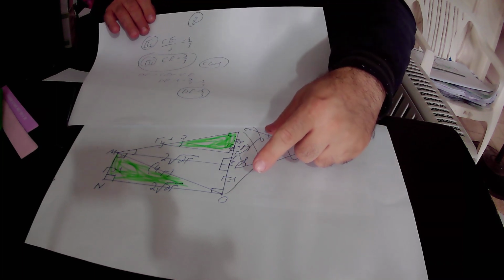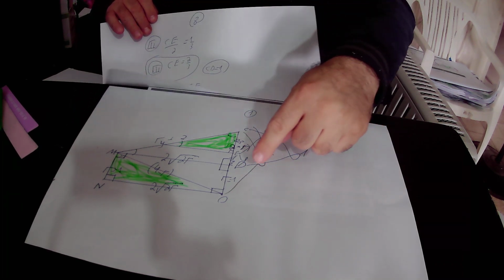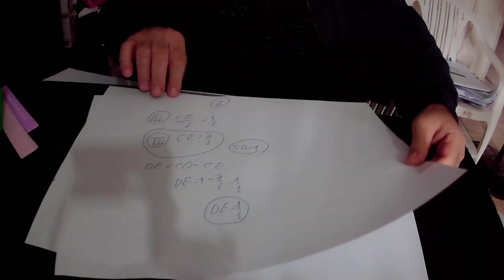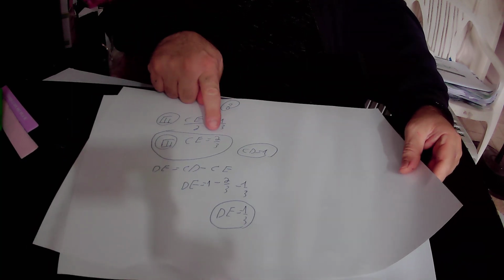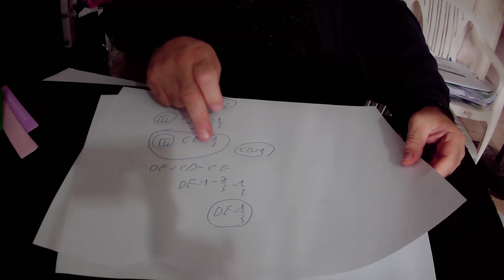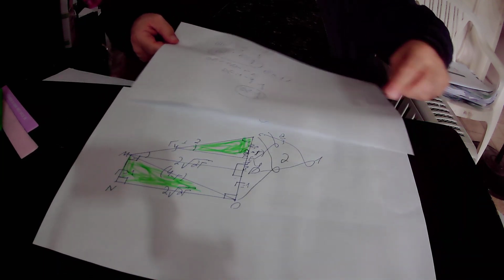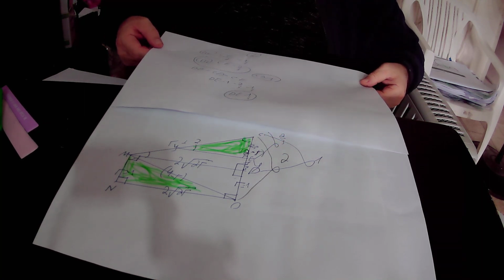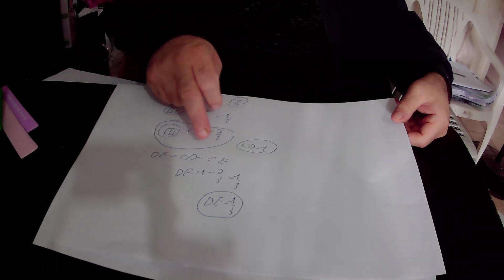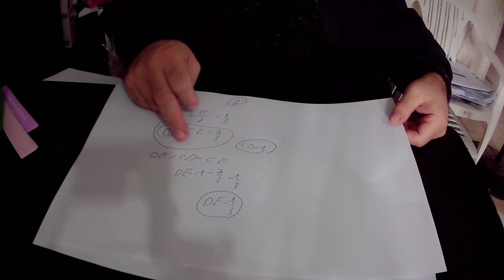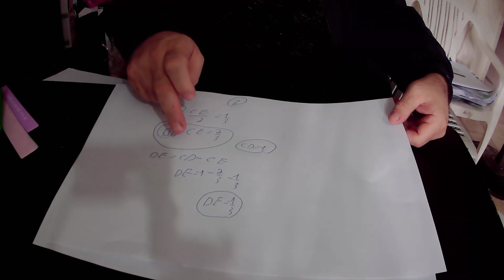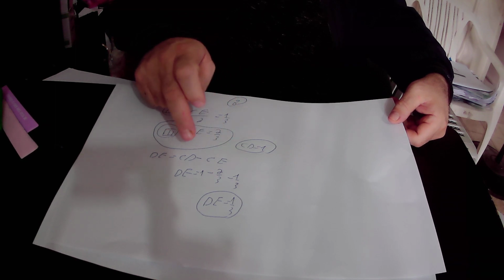And CD equals CO, that is 2 units, minus DO, that is 1. So 2 minus 1 is 1, so CD equals 1 unit, and CE equals 2/3. And DE equals CD minus CE. So DE equals 1 minus 2/3, and 1 minus 2/3 is 1/3.